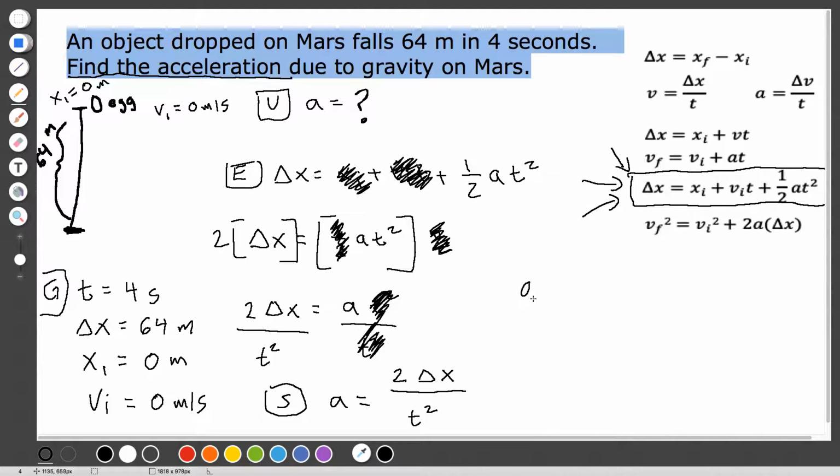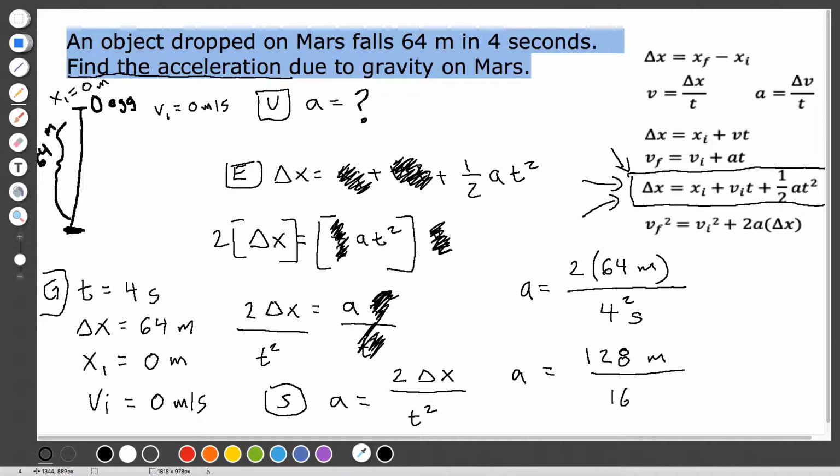And let's plug in our numerical values. So a equals 2 times 64 meters over t squared. And t is 4 seconds. So 4 squared seconds. Okay. So acceleration equals 2 times 64, which is 128 meters, over 4 squared seconds.